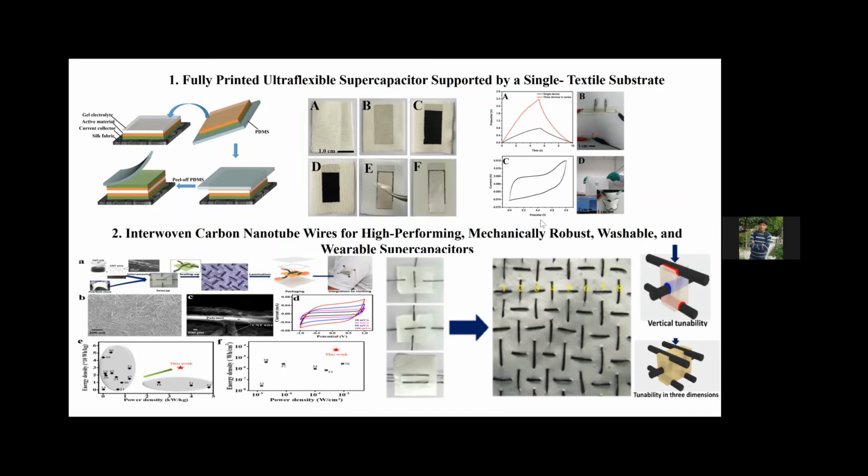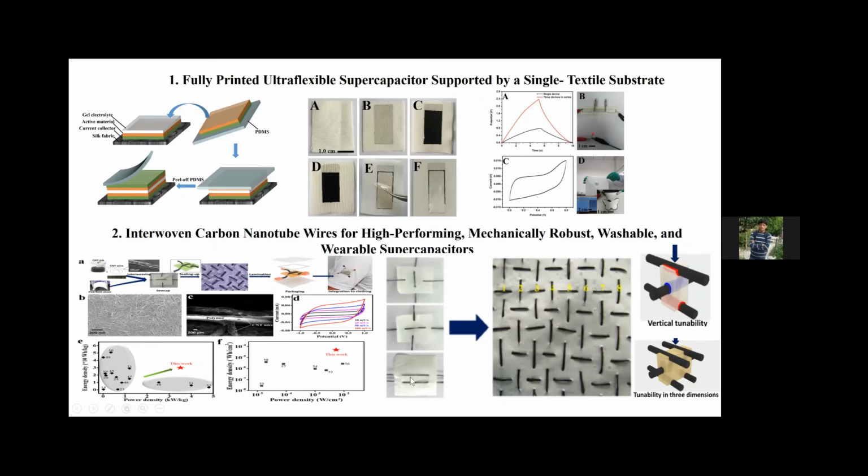Another example is a carbon nanotube based supercapacitor. First they make separate cloth fabric yarns, deposit the carbon nanotubes, and separately prepare the gel electrolytes, and between the gel electrolyte they make the pattern.